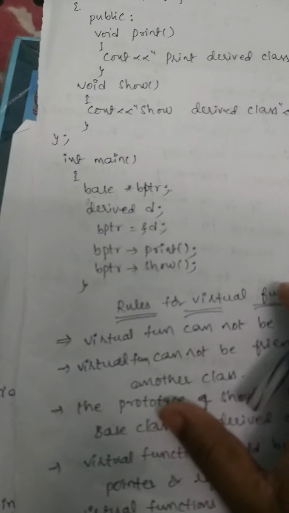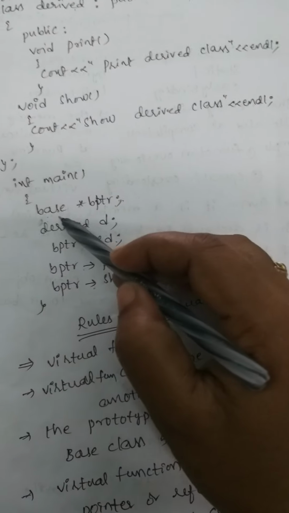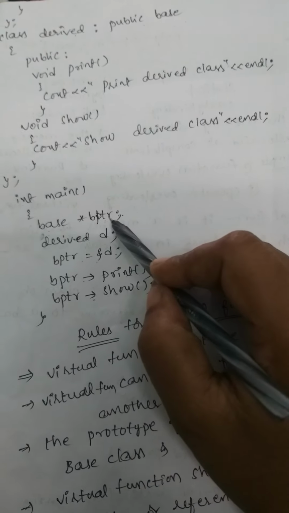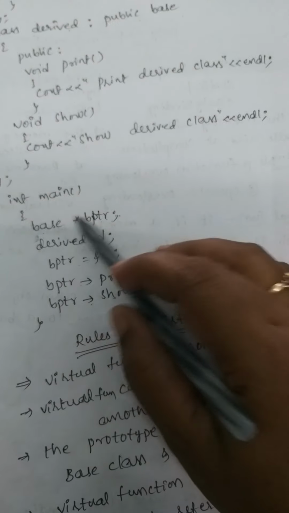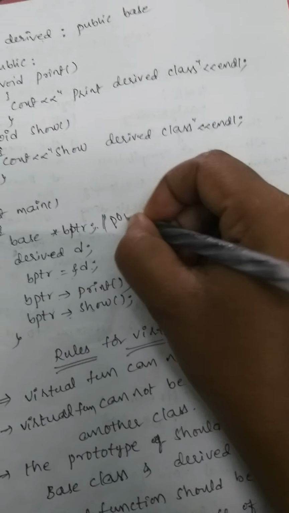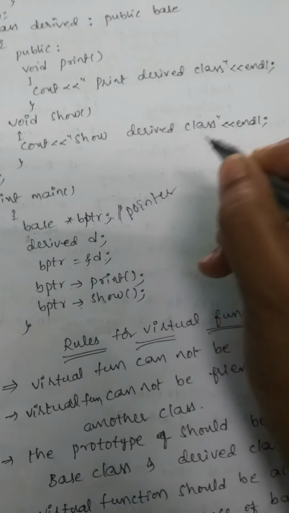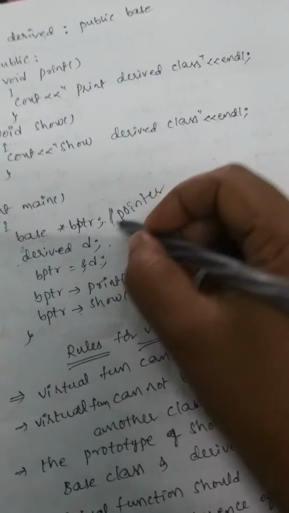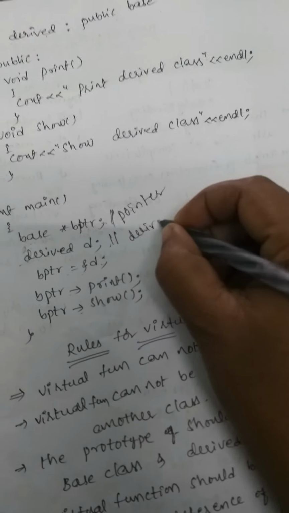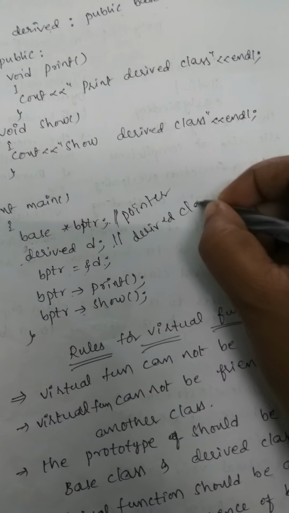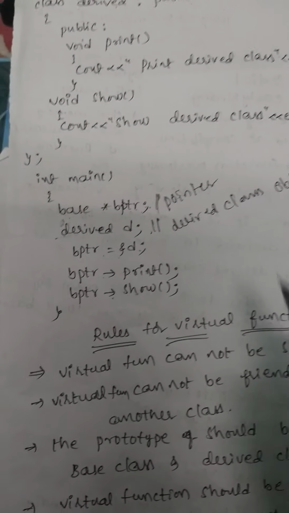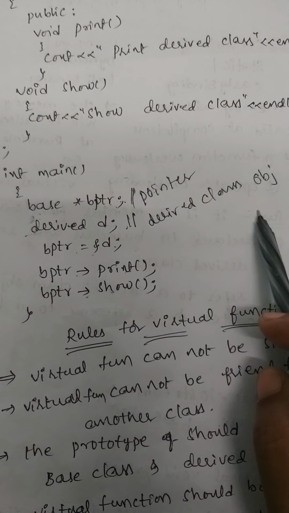In this example, base is a base class. You have to create one pointer to the base class. Next, we are creating one object for the derived class.